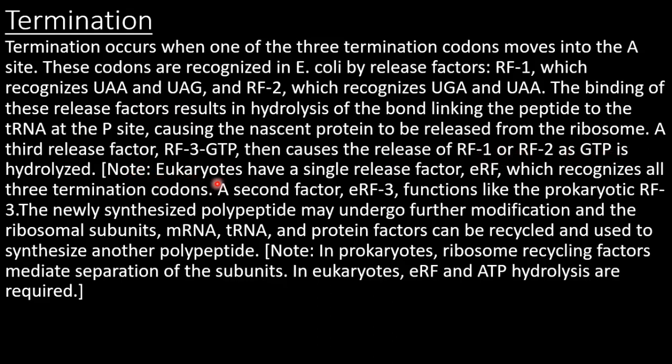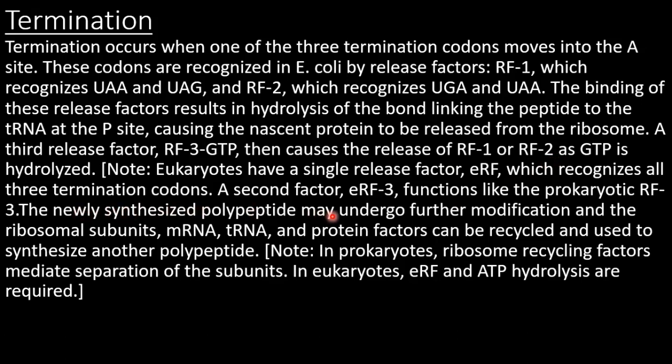Note that in eukaryotes, we have a single release factor, the eukaryotic release factor, which recognizes all the 3 termination codons. Then a second factor, eukaryotic release factor 3, functions like the prokaryotic release factor 3, and will cause the release of the eukaryotic release factor, as GTP is hydrolyzed.